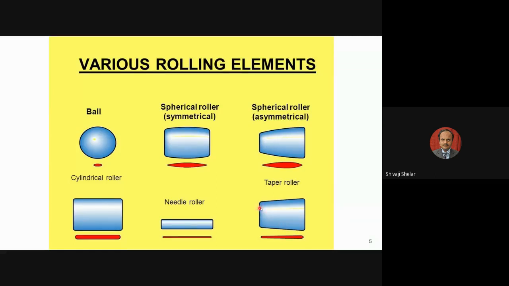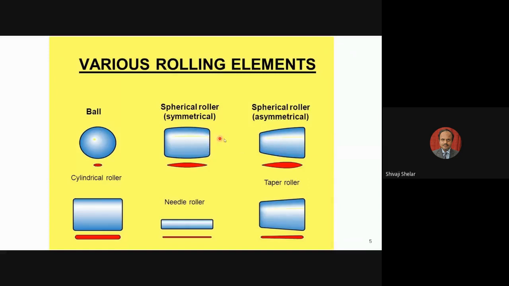Similarly, instead of a straight surface, you can make this surface curved in nature. This is a symmetrical curve from the center of the roller along its length; on both sides the curvature is equal. So it is a symmetrical spherical roller.